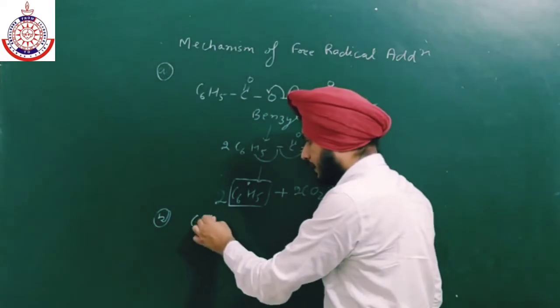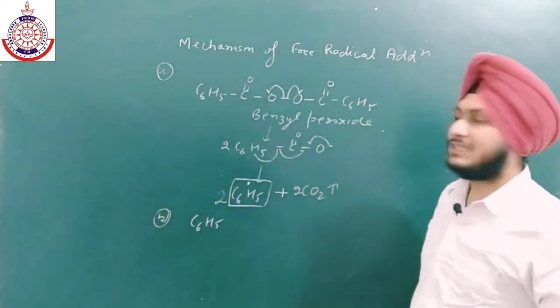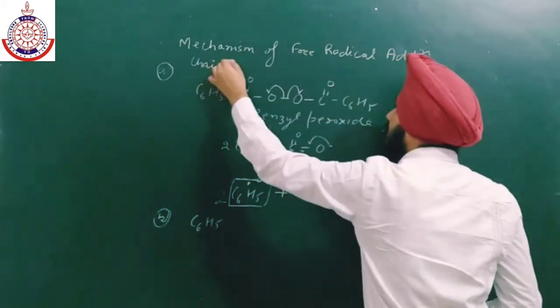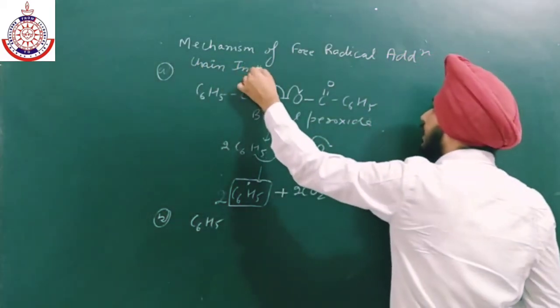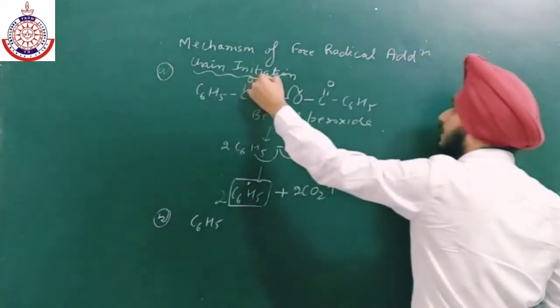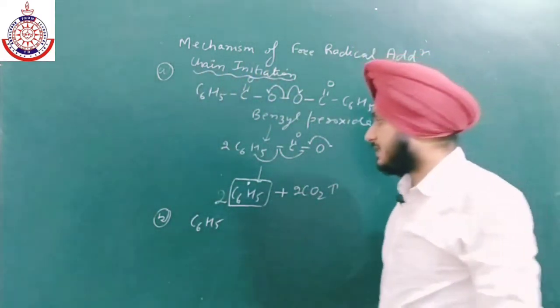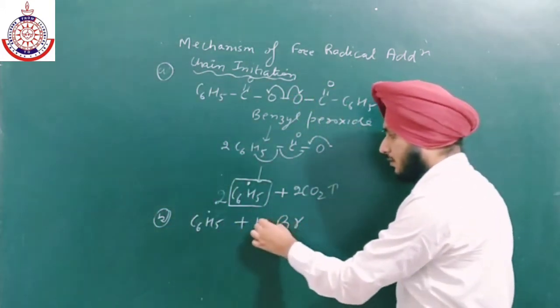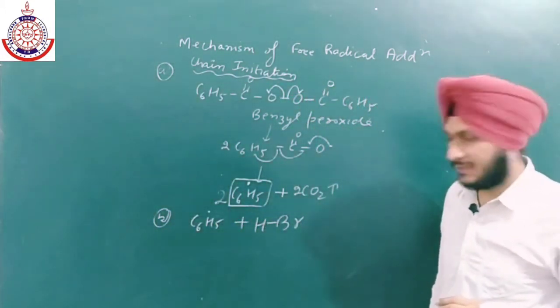Okay, so this is known as chain initiation. This process is known as the chain initiation process, in which we are initiating the reaction. Chain initiation: C6H5 radical plus HBr, because we all know that this reaction takes place only in case of HBr.